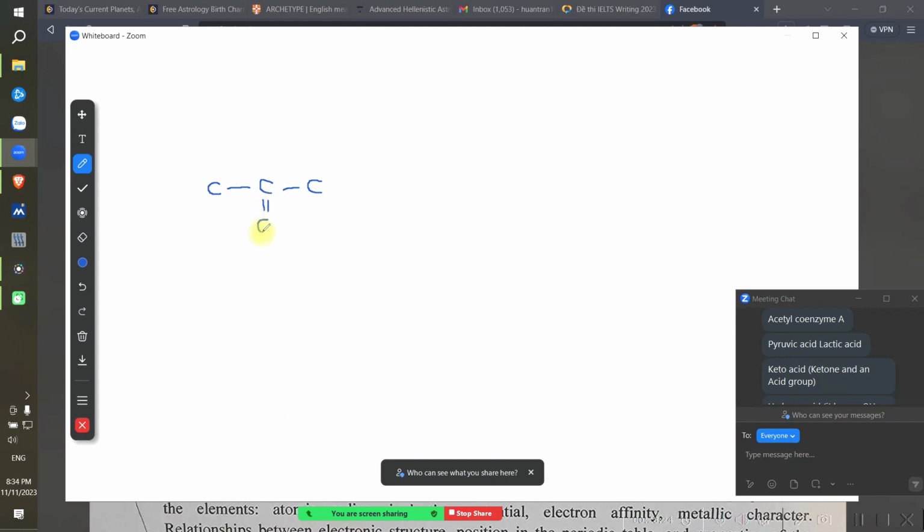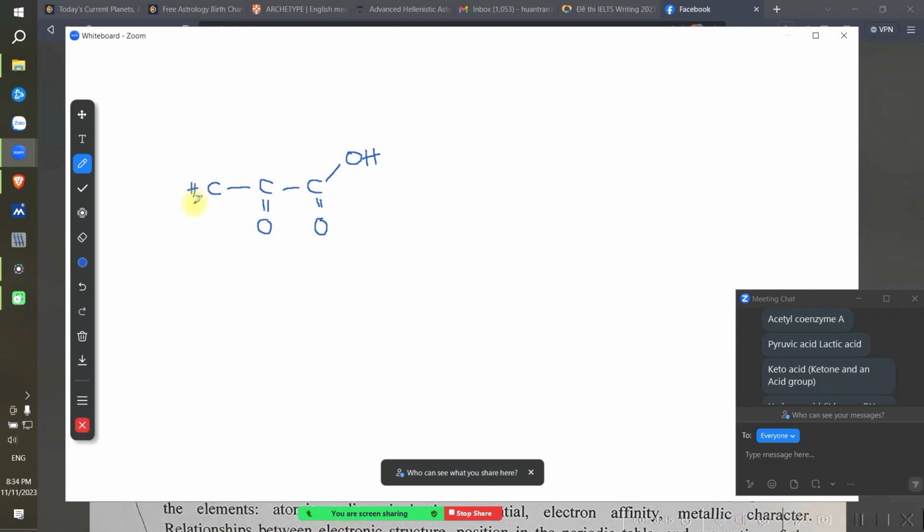So right here, ketone group. And it's also an acid, so you can see a COOH group here, right? That's it. And now you fill in the missing hydrogens.